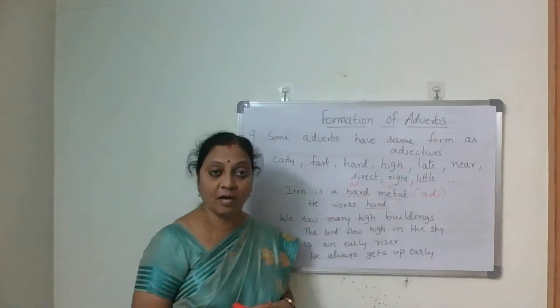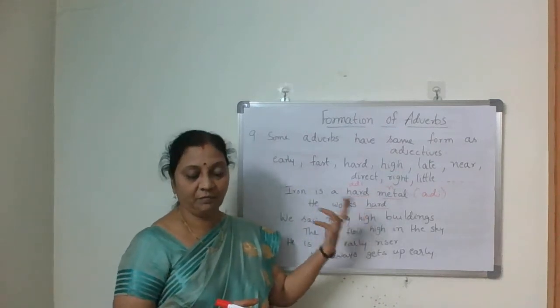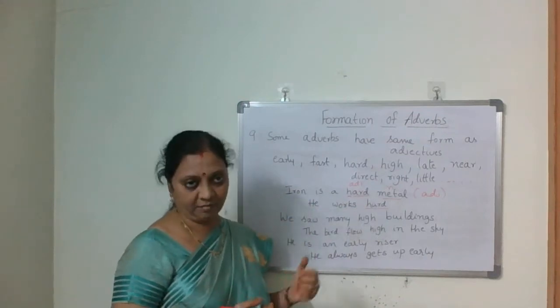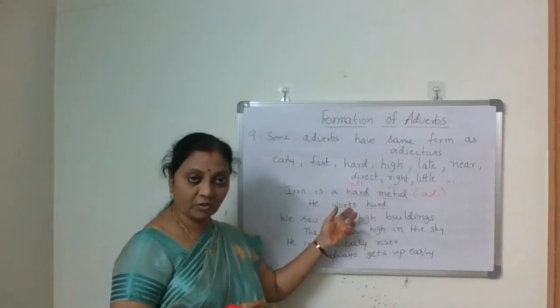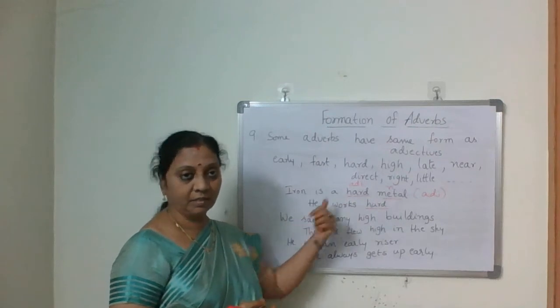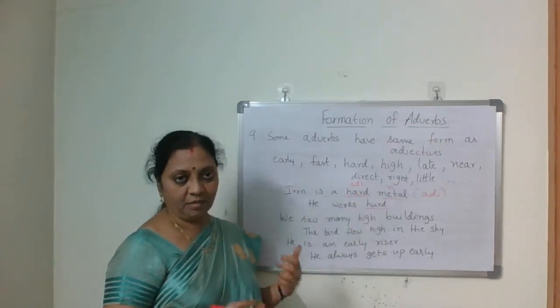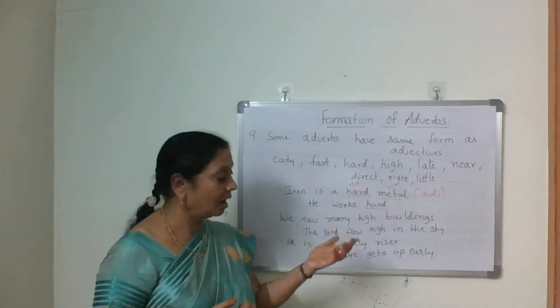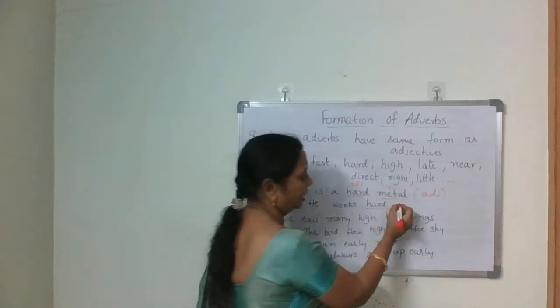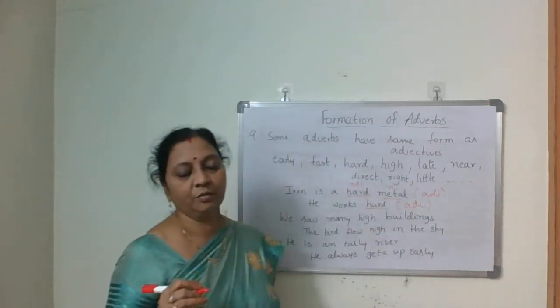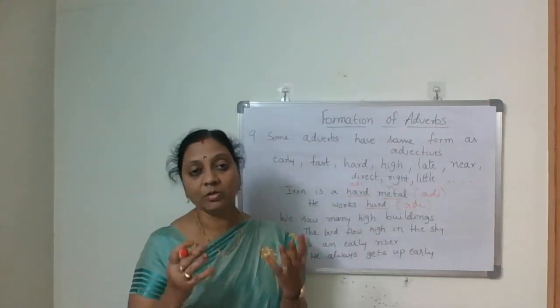He works hard. How does he work? He works hard. Here it is talking not about the person but about the action word work, so it becomes an adverb. That is the difference. An adjective, by definition, describes a noun or pronoun.